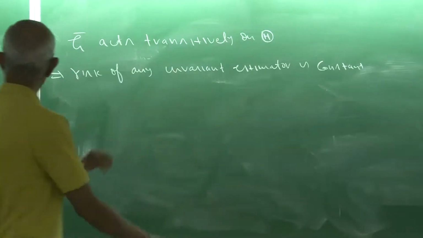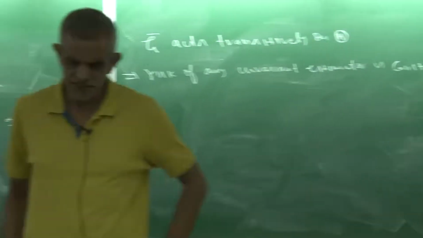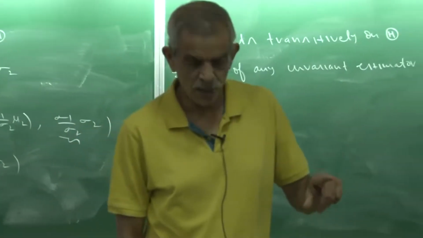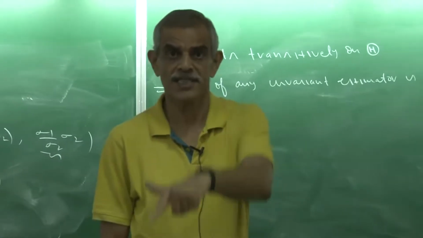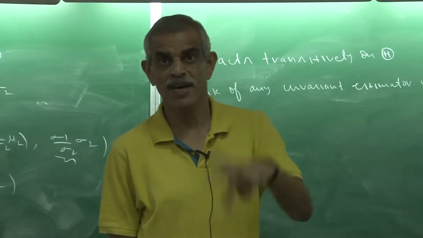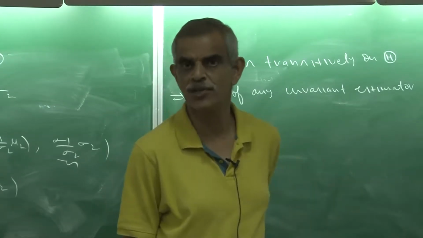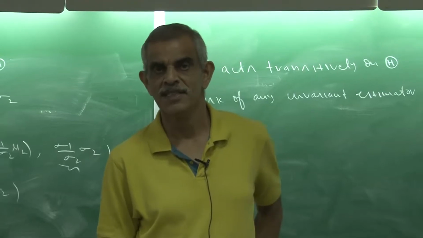So let me conclude this lecture with a few comments. Note that in all three models which I am considering over here, the location model, the scale model, and the location scale model, G bar acts transitively. But that may not always be the case, as you'll see through some of the problems in the assignment.